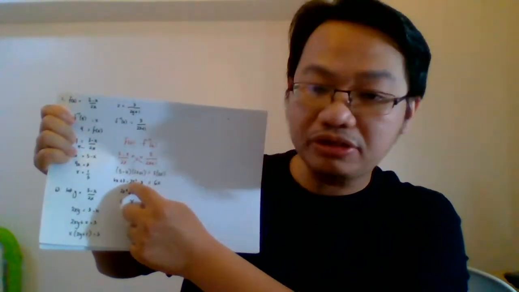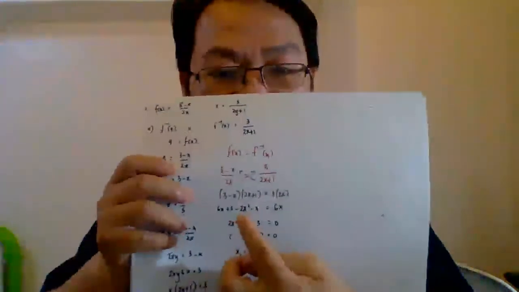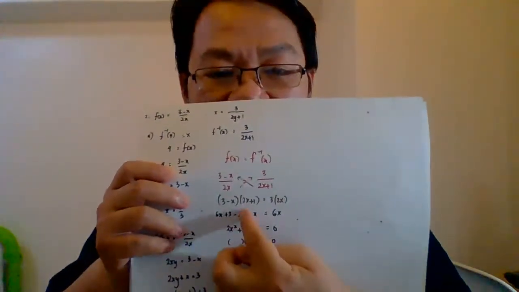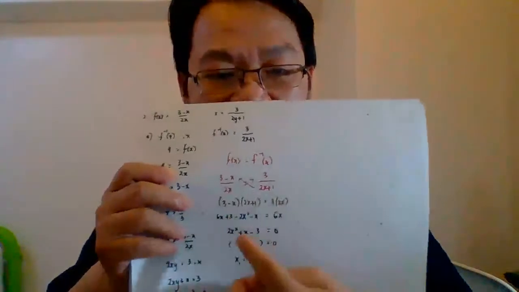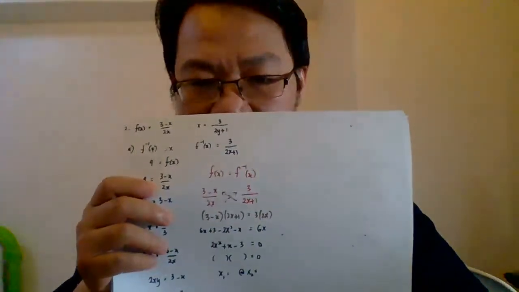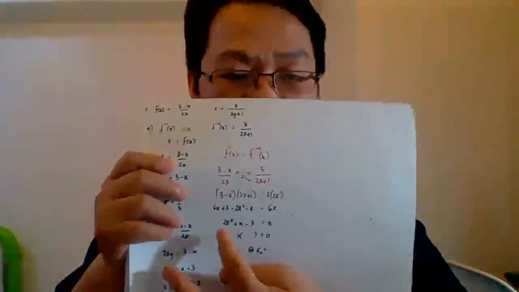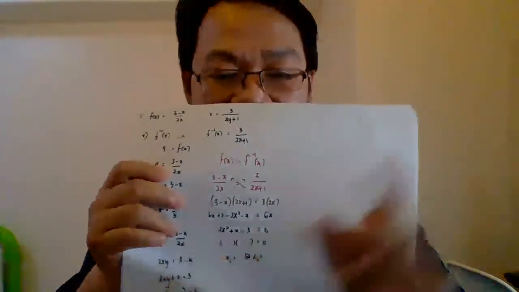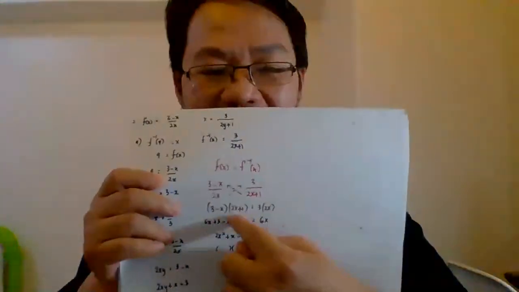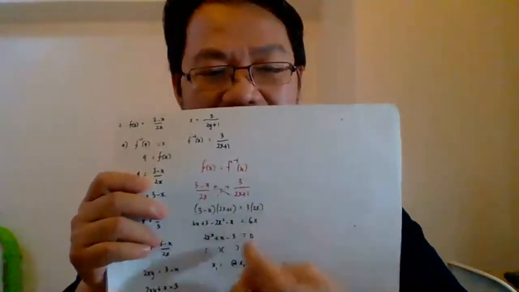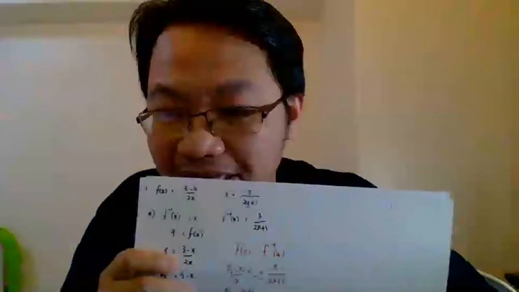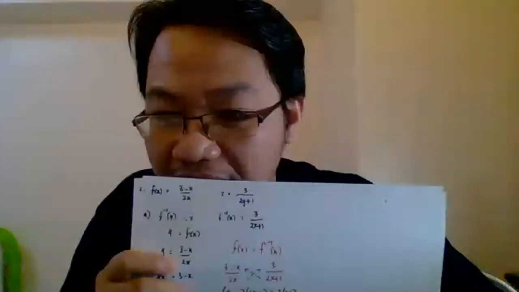The original is negative 2x squared, but I moved this number to the right side so that it becomes positive. That's the reason. I really prefer our a, which is x squared, to be a positive number. So I moved this whole thing to the right. That's why it's 0.